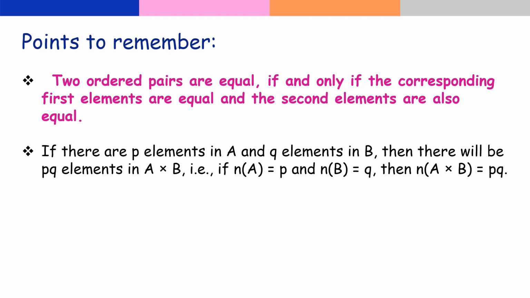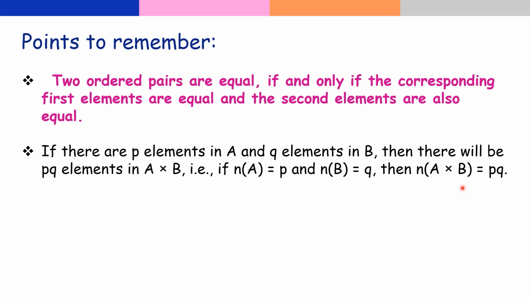The next point is, if there are P elements in set A and Q elements in set B, then there will be PQ elements in A cross B. That is, if n(A) is P and n(B) is Q, then in the Cartesian product I will have PQ ordered pairs.